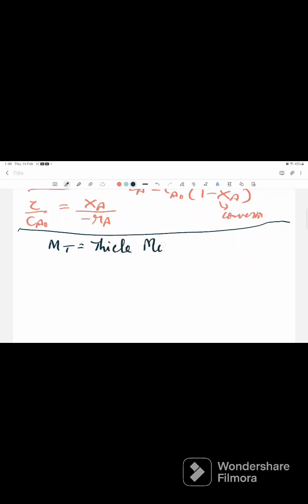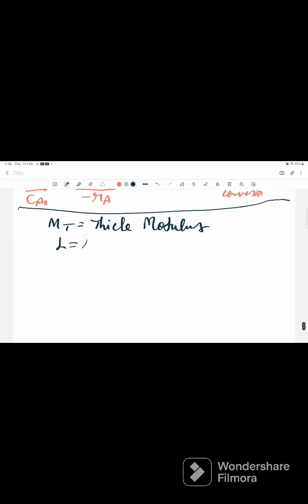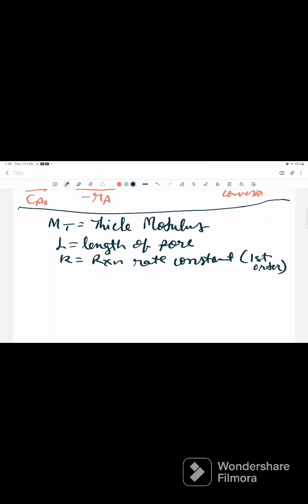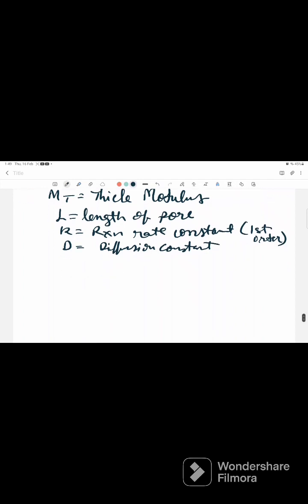Thiele modulus: L is the length of pore, K is the reaction rate constant, first order, D is equal to diffusion constant.